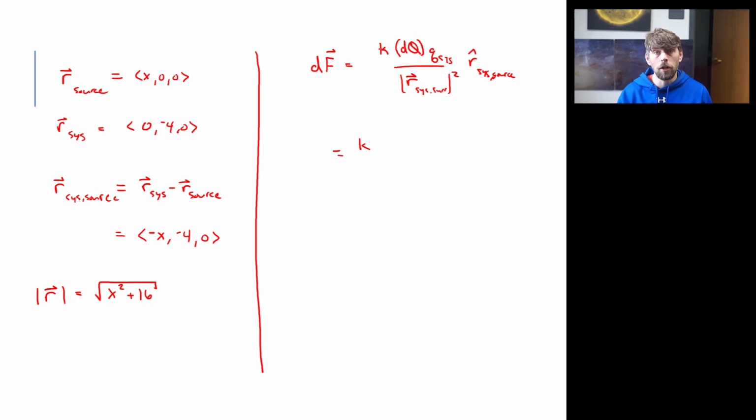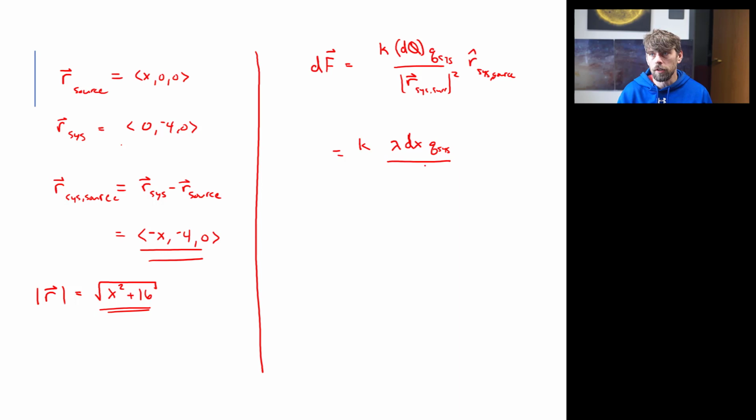Now, we've already argued that dq is related to the width of the section that I've taken. And so I can replace that with something like lambda dx. To be continued. Very important. Well, q of the system remains constant. That's just some sort of point charge. And I have the relative position vector, magnitude, and the vector form.